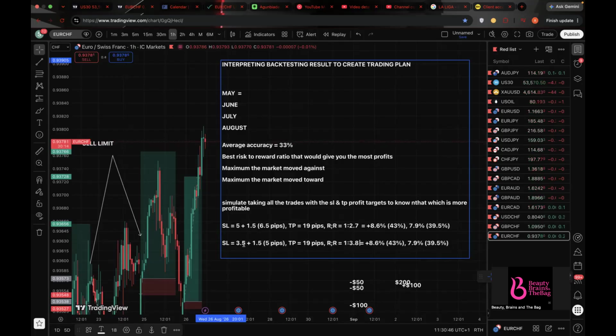So if I had done this, risking 1% would have given me 17.4% profit. That's almost double. That's double of what I would have made risking the other one. And then if you multiply it by 5, that'll be 87%.